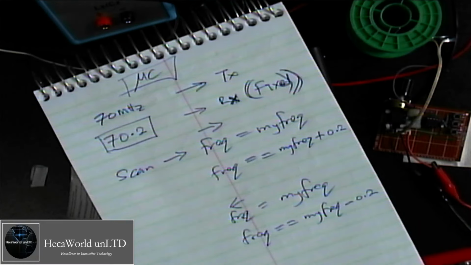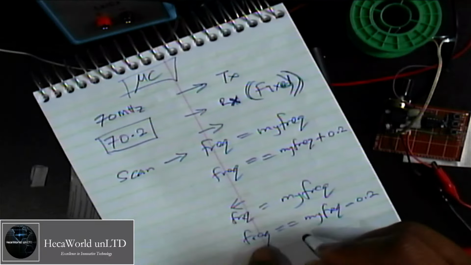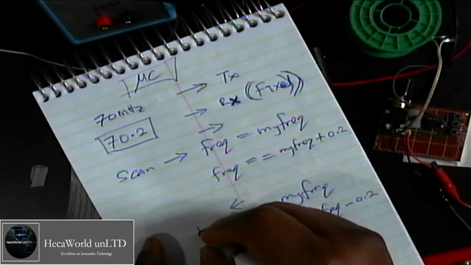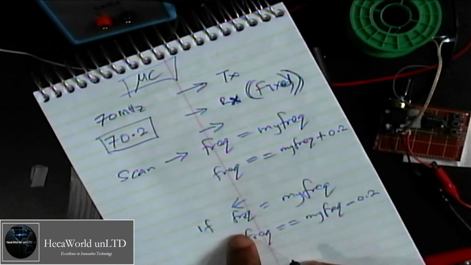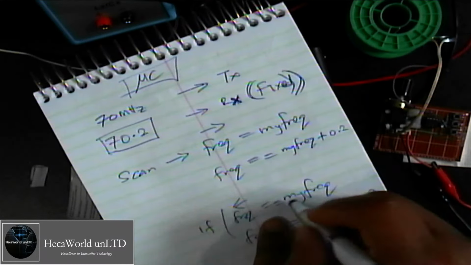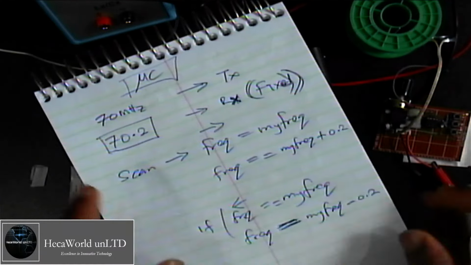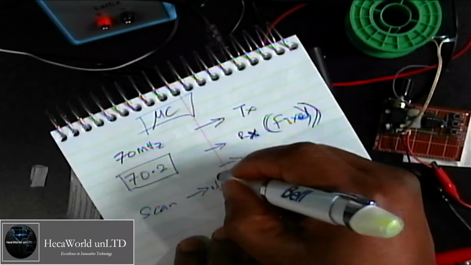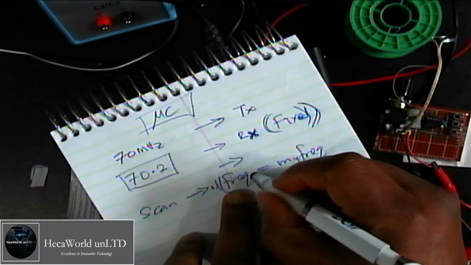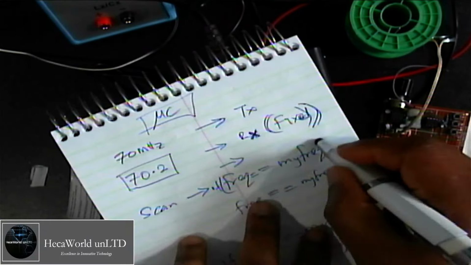Sorry, I think I assigned this wrong. So you can say here if, right? If frequency is equal to my frequency, then you have just one equals here. Yeah, all right. You have to write it properly. So here also if frequency, so double equals this. That's when you're comparing, then you assign it. All right.